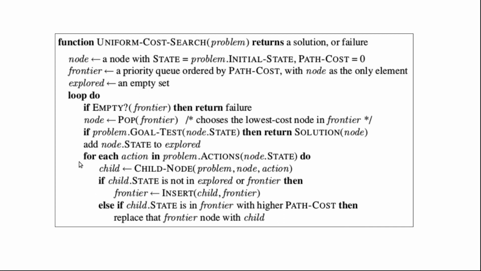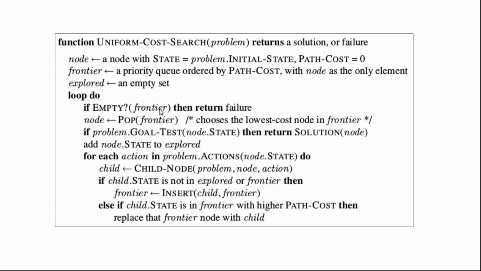And then we have a loop, and this loop will continue for different conditions. One way we can exit from the loop is if the frontier list becomes empty. If we exit because of this condition, it means that we couldn't find a solution. The frontier list will become empty only in that case where a solution does not exist.